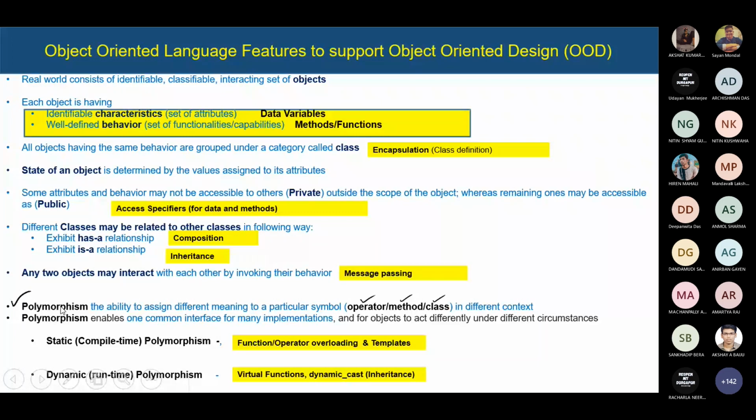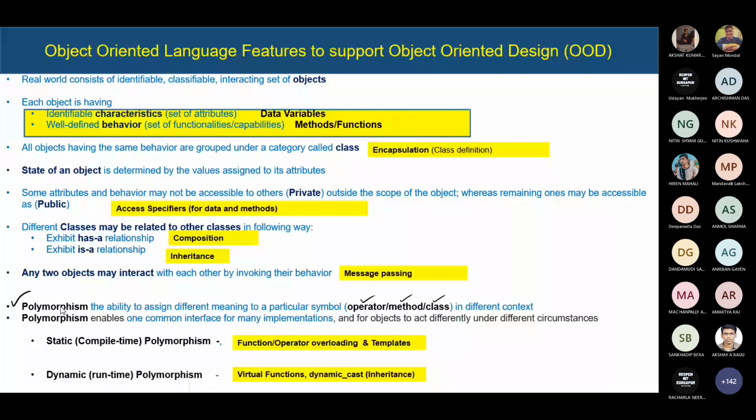Polymorphic means what? You have a template definition which, according to your need, you can instantiate to an integer type, a float type, a character type, a complex type, or whatever you want. Got it? Poly means multiple and morph means shape. So the same thing works differently in different contexts.